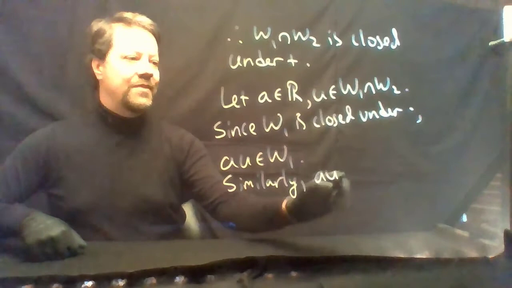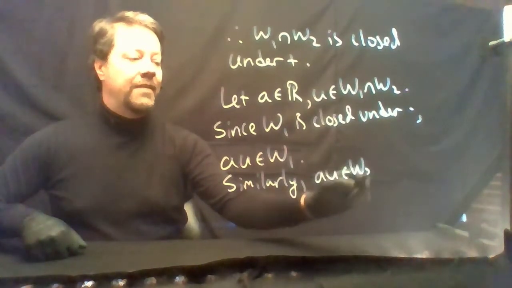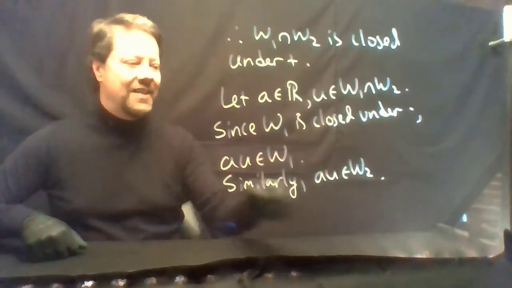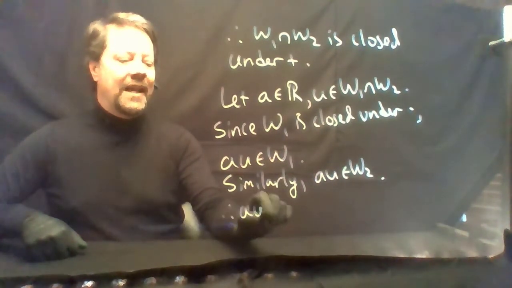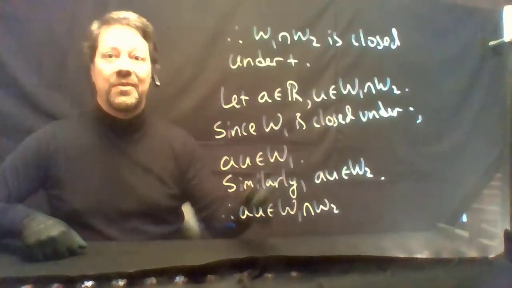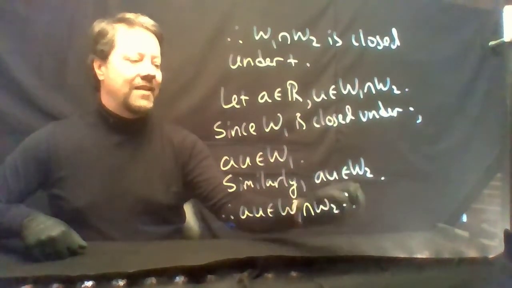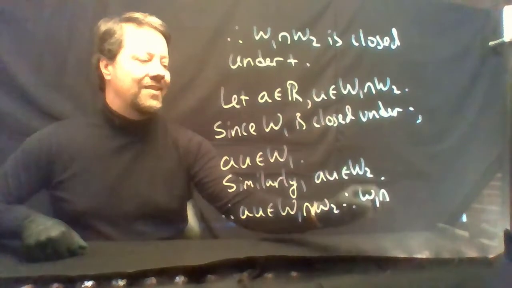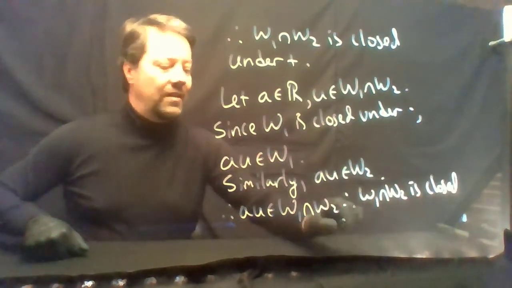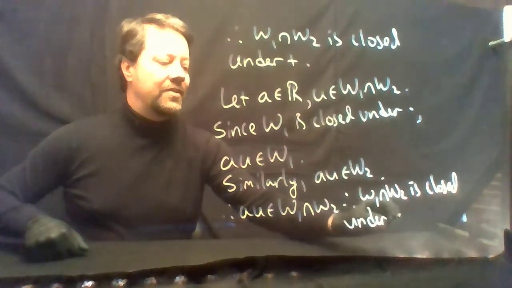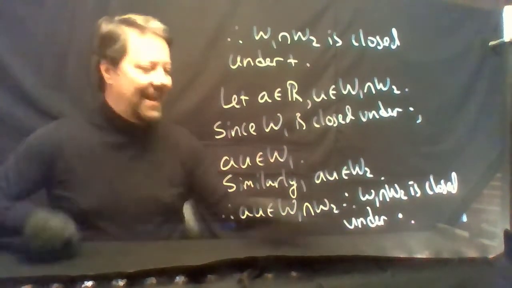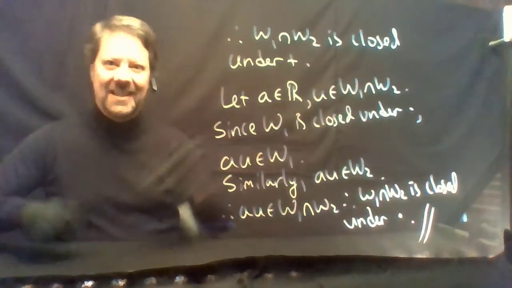Similarly, A times U must be an element of W2 because W2 is also closed under scalar multiplication. Therefore, AU is an element of the intersection because it's in both. That means W1 intersect W2 is closed under scalar multiplication. And that is the end of the proof.